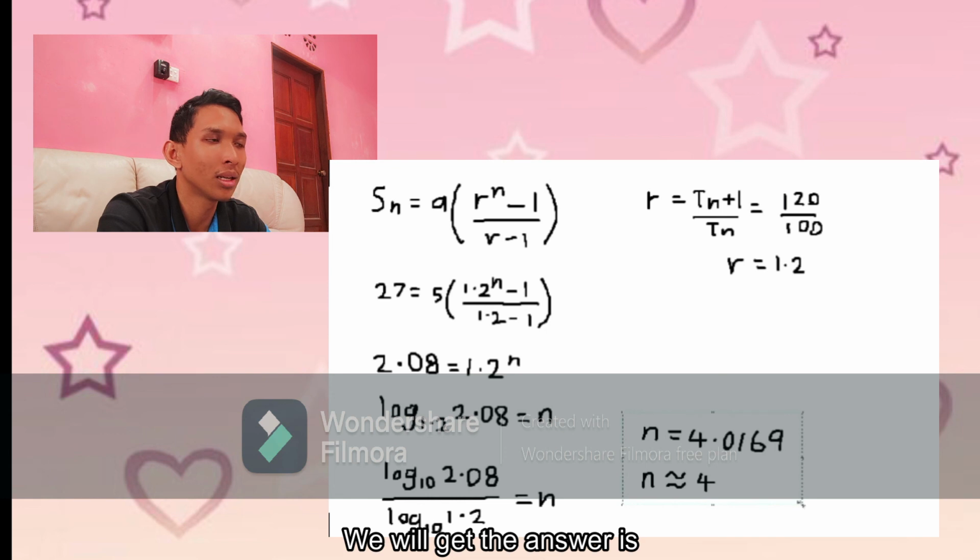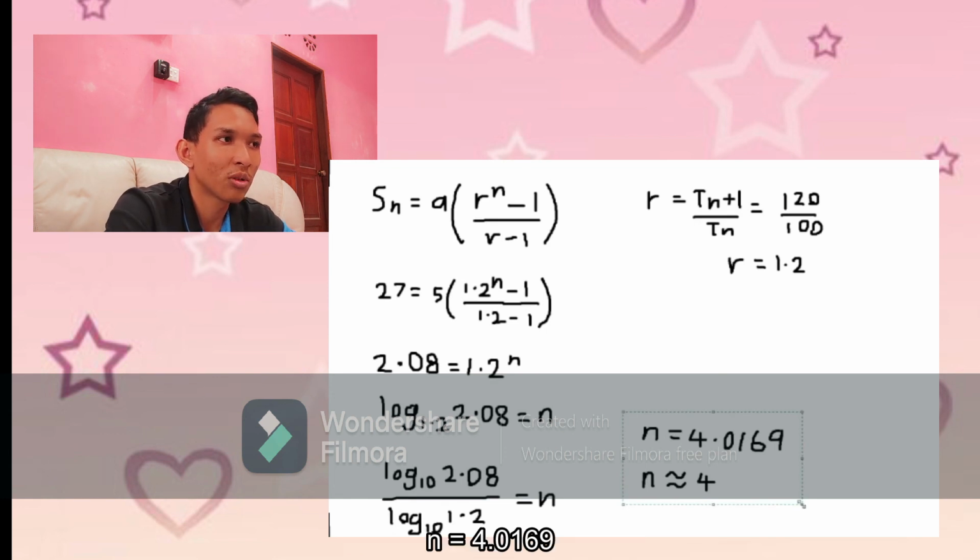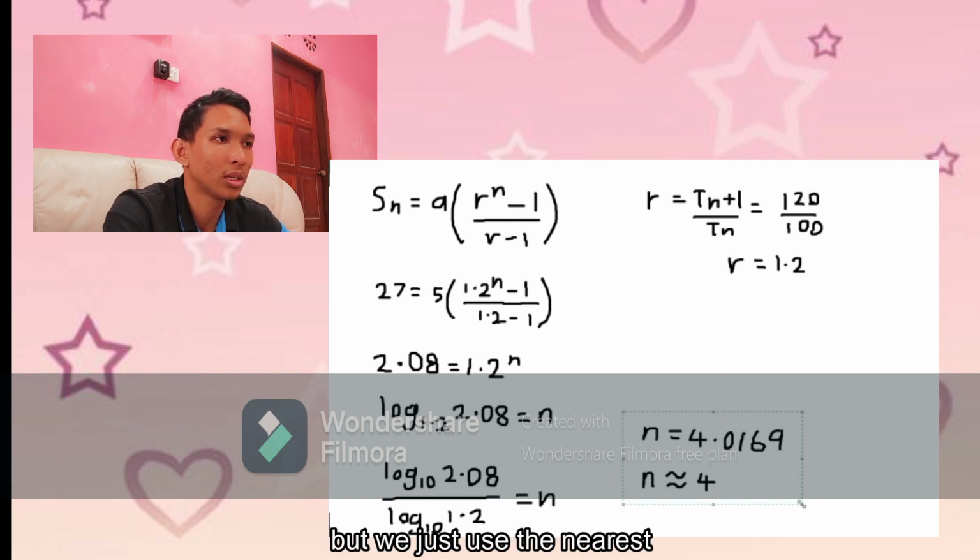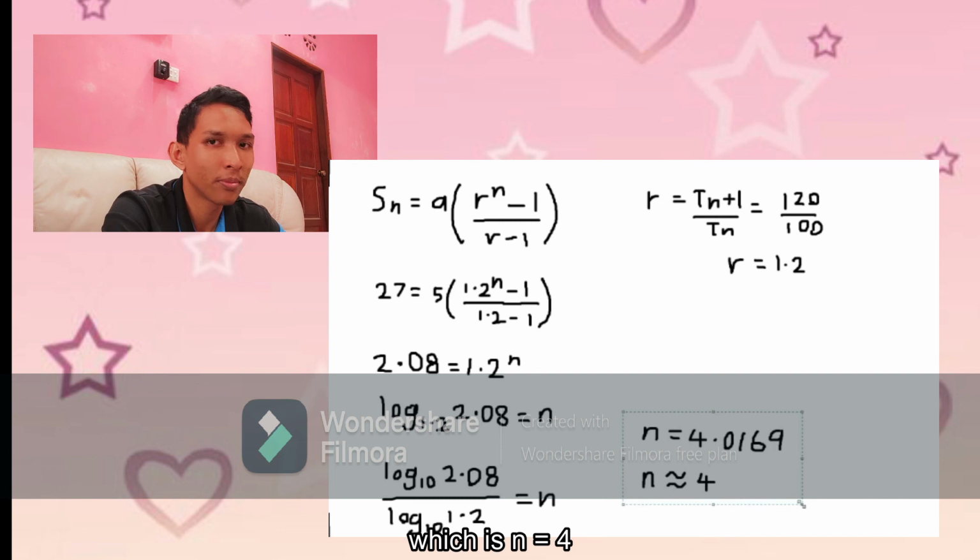We will get the answer is n equal to 4.0169, but we just use the nearest, which is n equal to 4.